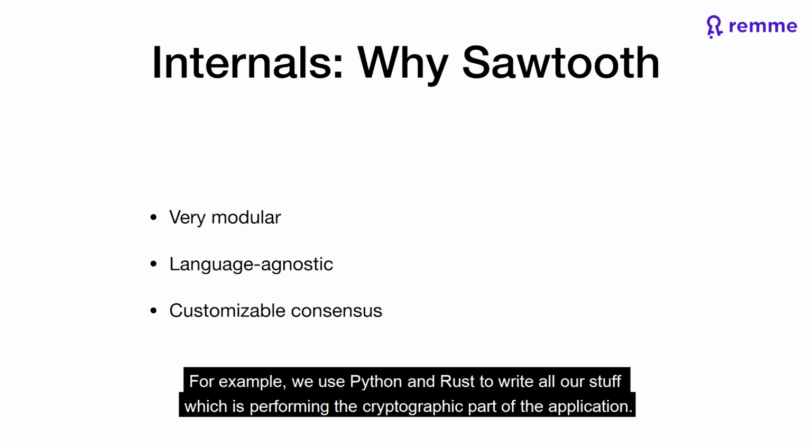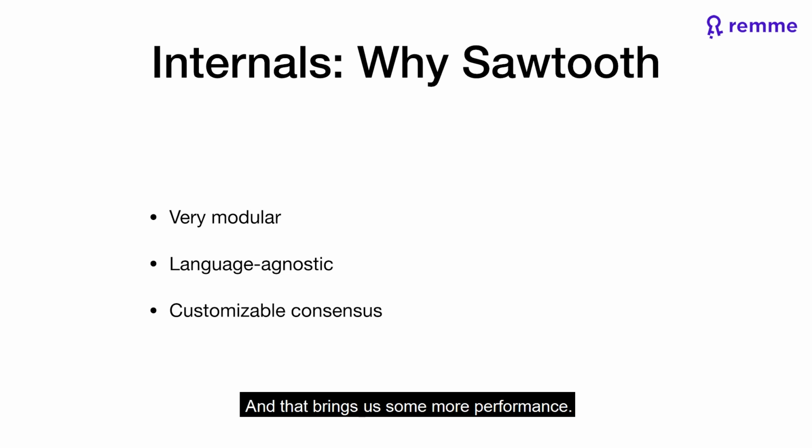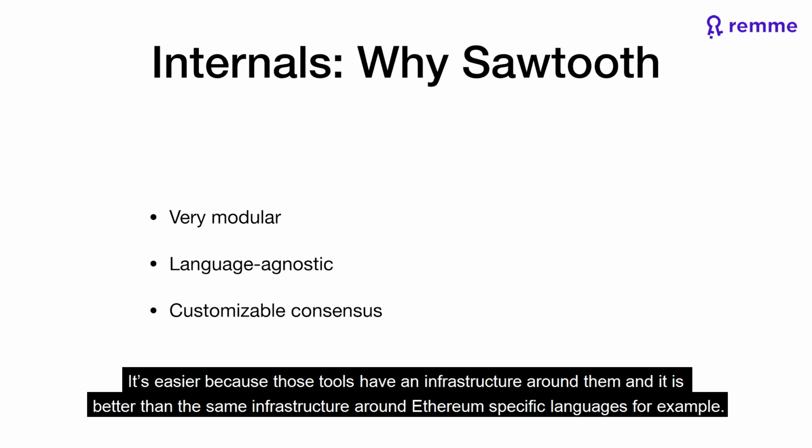So, for example, we use Python and Rust to write all our stuff which is performing the cryptographic part of the application, and that brings us some more performance. It's actually easier because those tools have the infrastructure around them, and this infrastructure is better than around Ethereum-specific languages, for example.